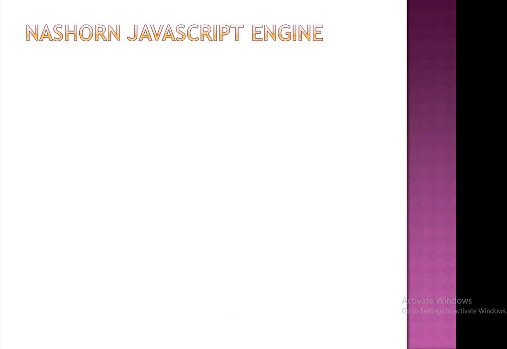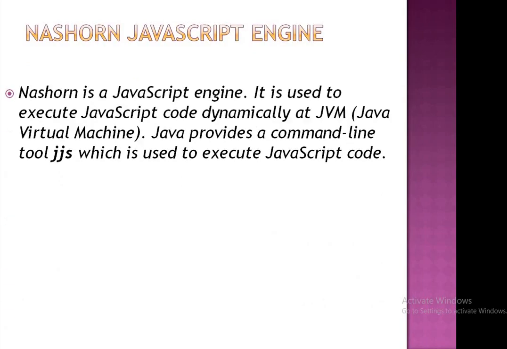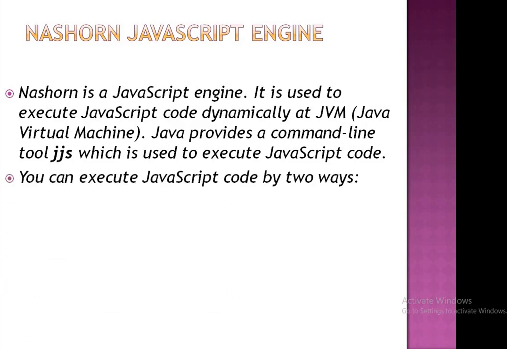And another is the Nashorn JavaScript engine. Nashorn is a JavaScript engine. It is used to execute JavaScript code dynamically on the JVM, that is the Java Virtual Machine. Java provides a command line tool, jjs, which is used to execute JavaScript code.